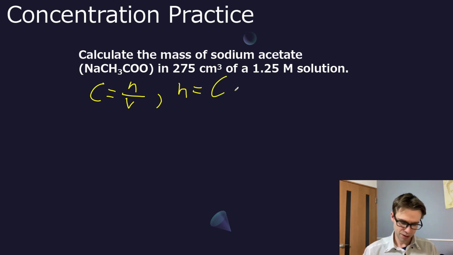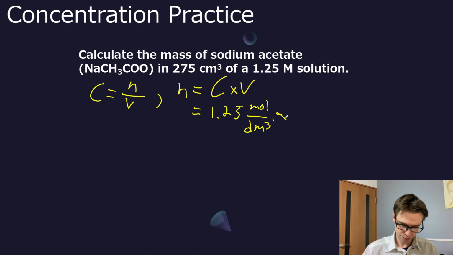So this is C multiplied by V, 1.25 mole per decimeter cubed multiplied by 0.275 decimeter cubed.